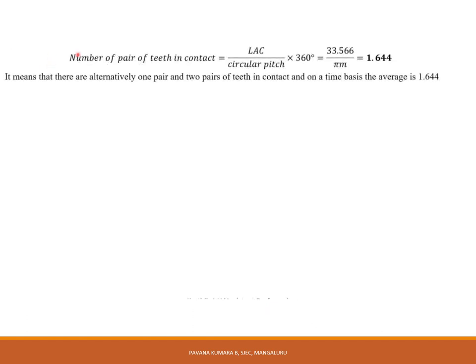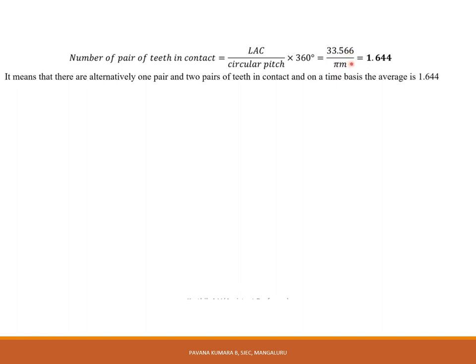So next, number of pairs of teeth in contact. That is this formula, contact ratio, it is nothing but length of arc of contact divided by circular pitch. Circular pitch formula is pi m, and 360 degree is one full rotation. Length of arc of contact from the previous slide is 33.566, divided by pi m.